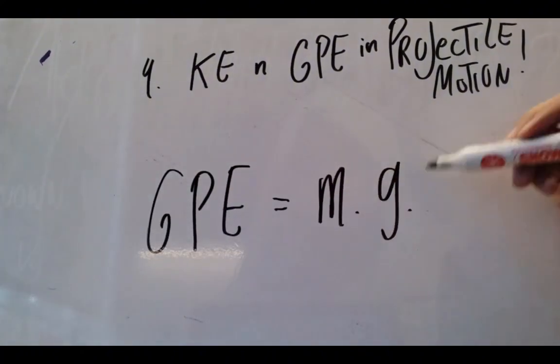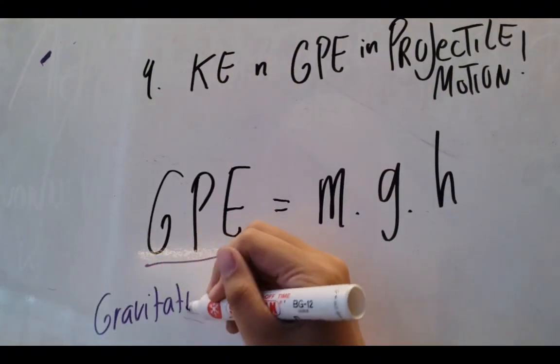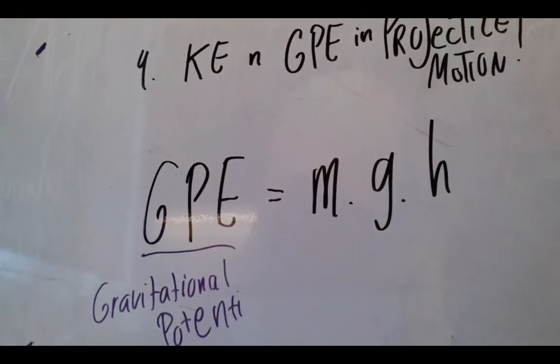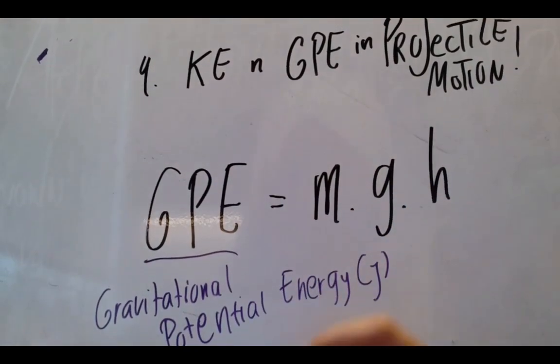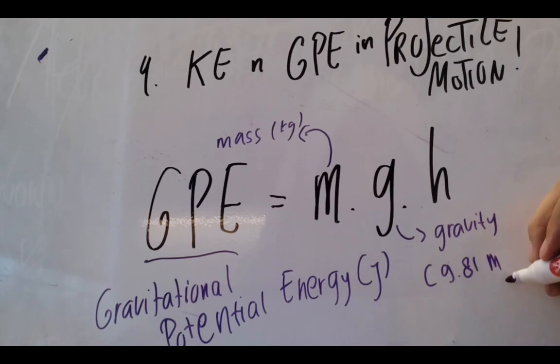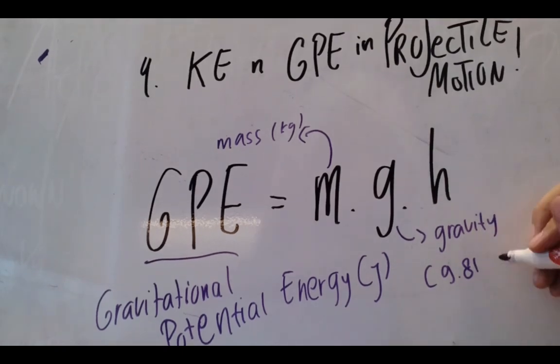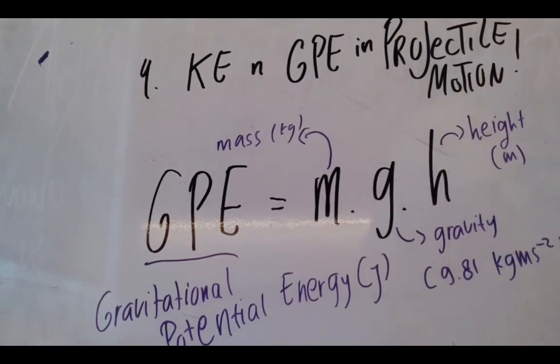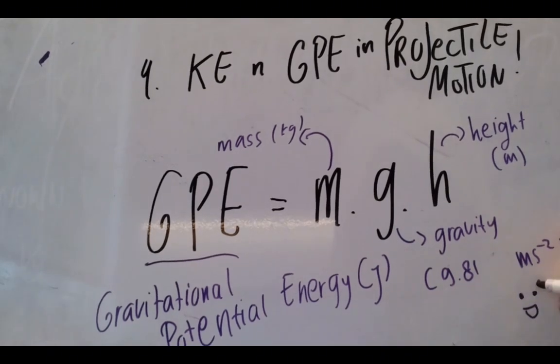Lastly, the GPE formula. It is the famous mass times gravity times height. And one thing to be remembered is that the unit of gravity is m s⁻² and not kg m s⁻².